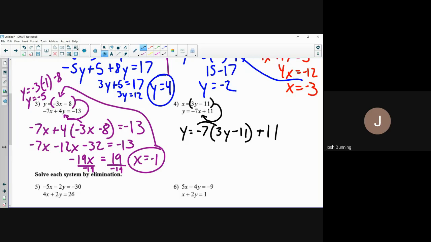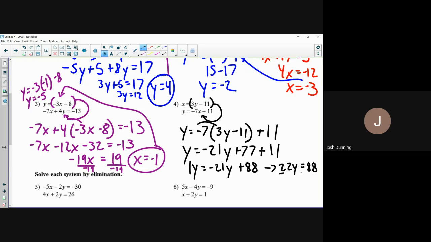We'll distribute. 11 plus 77 is 88. Now we got to get our y's on one side, so I'm going to add that 21y. 1y plus 21y is 22y.